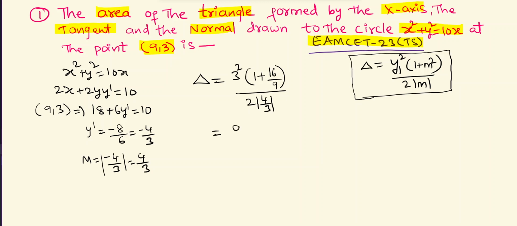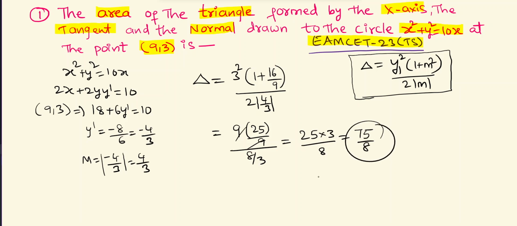That is 3 square is 9, 9 plus 16, 25 by 9, by 2 fours are 8 by 3. Here 9 cancelled, that is equal to 25 into 3 by 8, that is equal to 75 by 8. This is the area of the triangle formed by the x-axis and the normal and tangent to the curve.